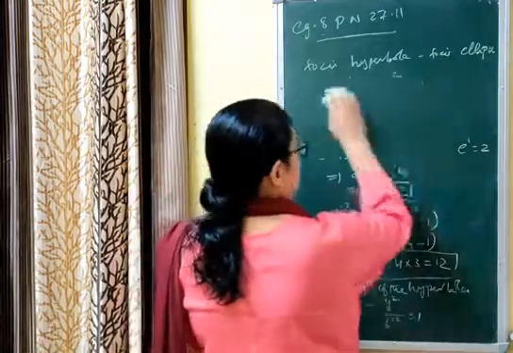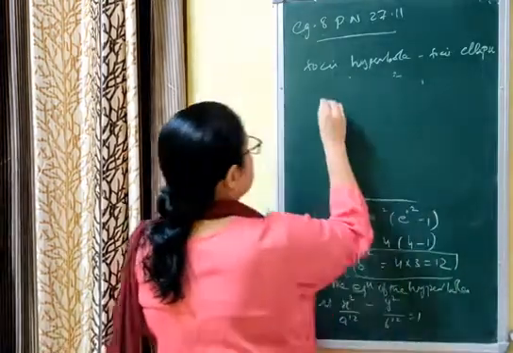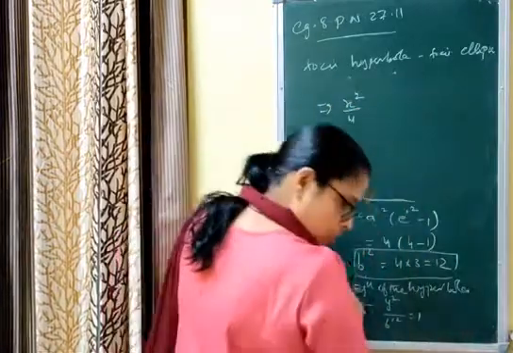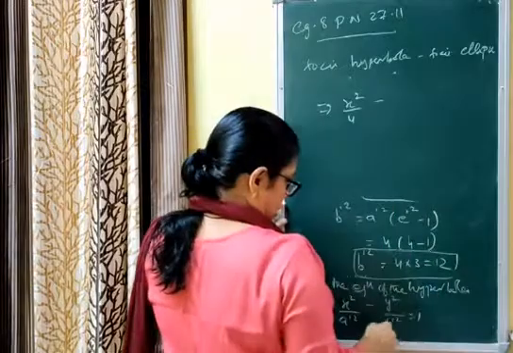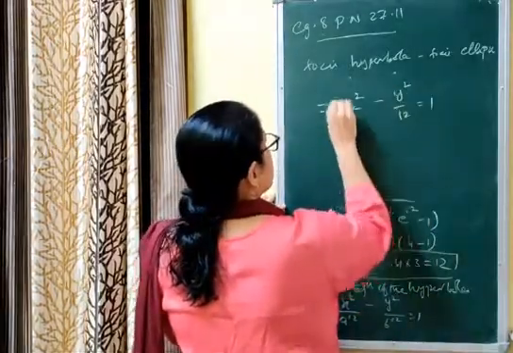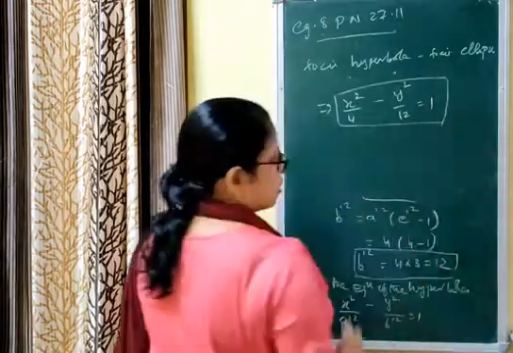By replacing the values of a dash and b dash, this gives x square by 4 minus y square by 12 is equal to 1. This is the required equation of the hyperbola.